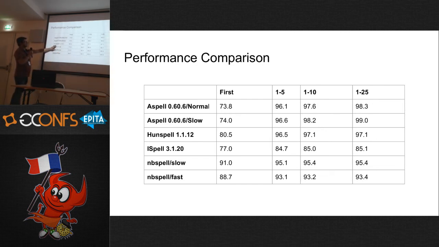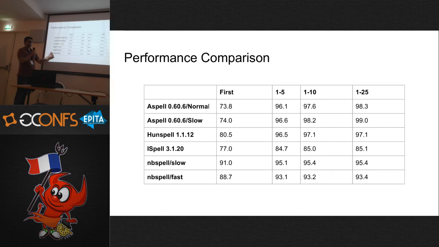Hunspell is better if we are comparing the first match in the first position, so then it will have around 80.5 accuracy, and the top 25 goes to 97. iSpell is the oldest of all these so it has accuracy around 77%, and in the top 25 it goes to 85.